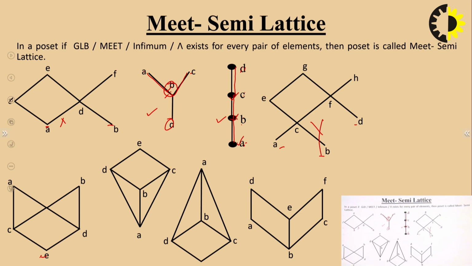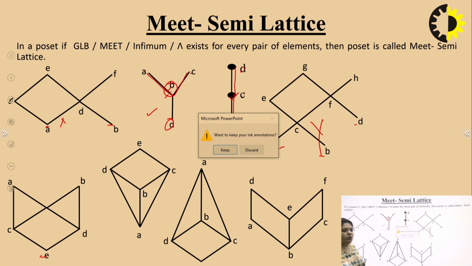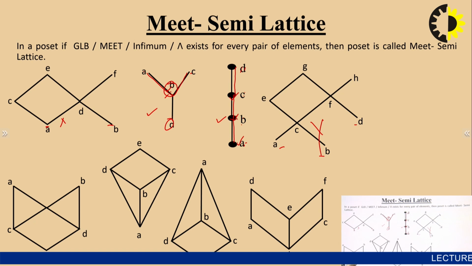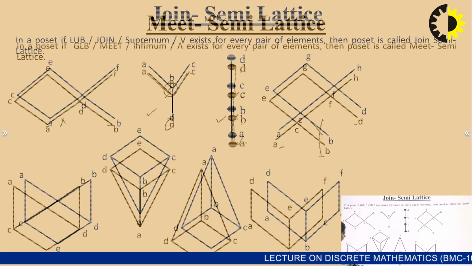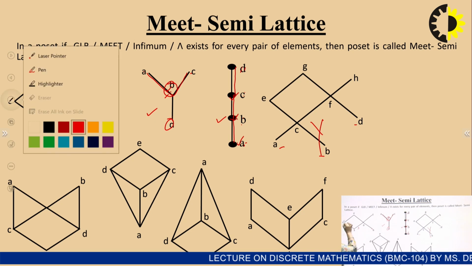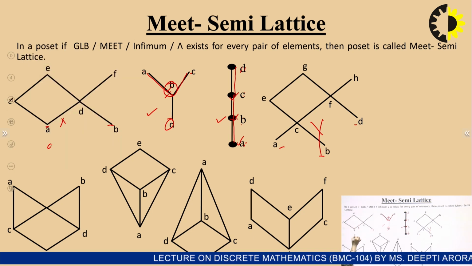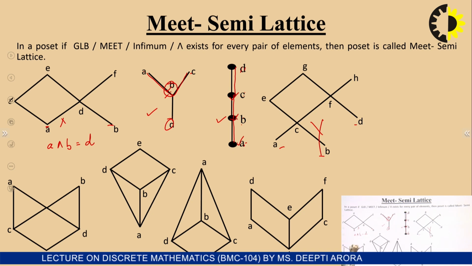Now search for every pair of elements. For A and B, the very first point of meeting is D. And again, for A and B, we are having C. So here are two greatest lower bounds existing for the pair A and B. We can write it as: for A and B, we are having the greatest lower bound D, that is the meet, and again for A and B, we are having C as the greatest lower bound.